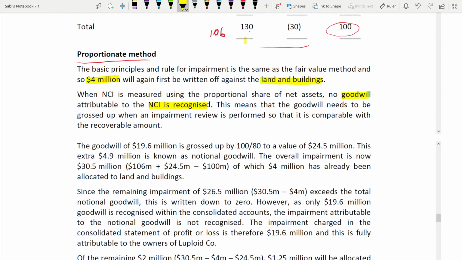Extra working is required here. This means that the goodwill needs to be grossed up when an impairment review is performed so that it is comparable with the recoverable amount. You see, goodwill needs to be grossed up to compare with the recoverable amount. You have to write this. This is for the proportionate method only. You have to gross up the goodwill. Then only you can compare with the recoverable amount.